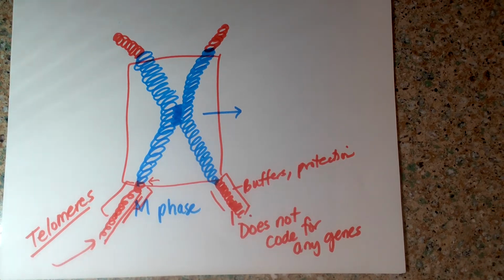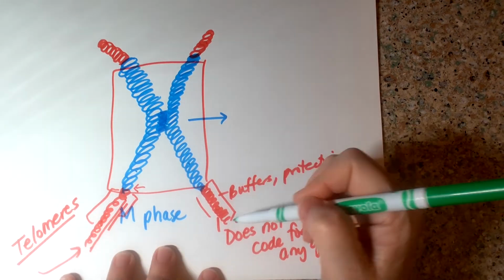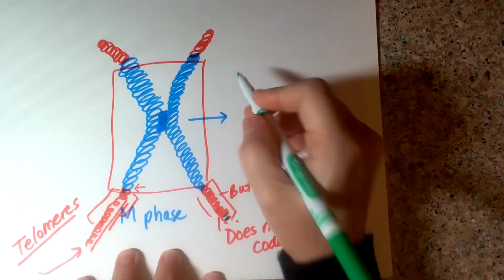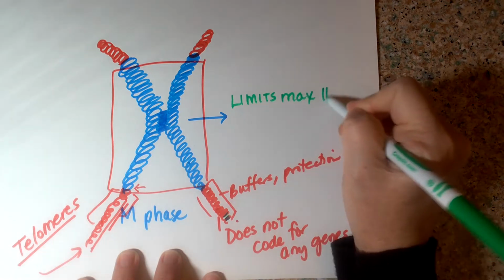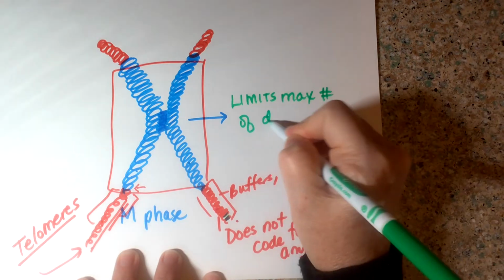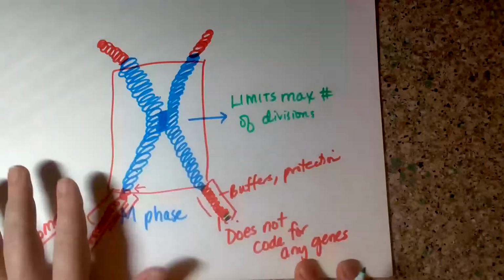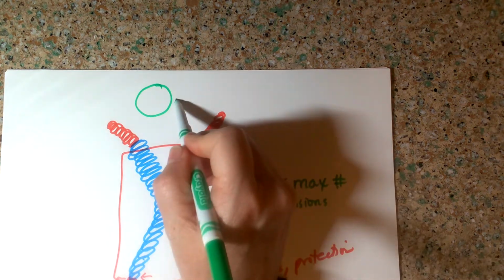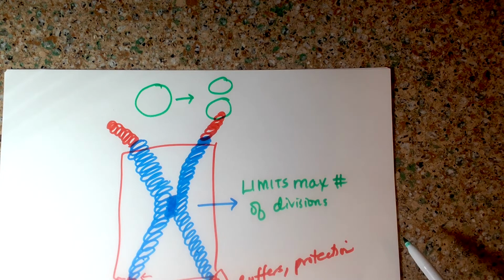Okay, so when your cells are going through division and they divide, and I'm telling you, like a little tiny bit just gets removed all the time. This also limits the max number of divisions, okay? So this cell right here, when it goes through mitosis, it divides into two new cells, okay?